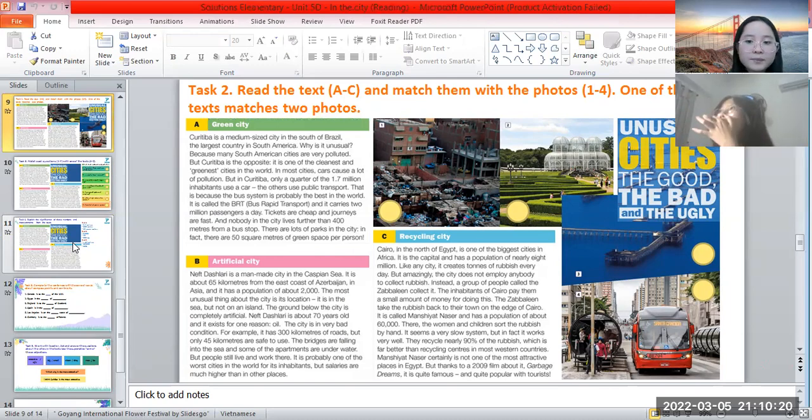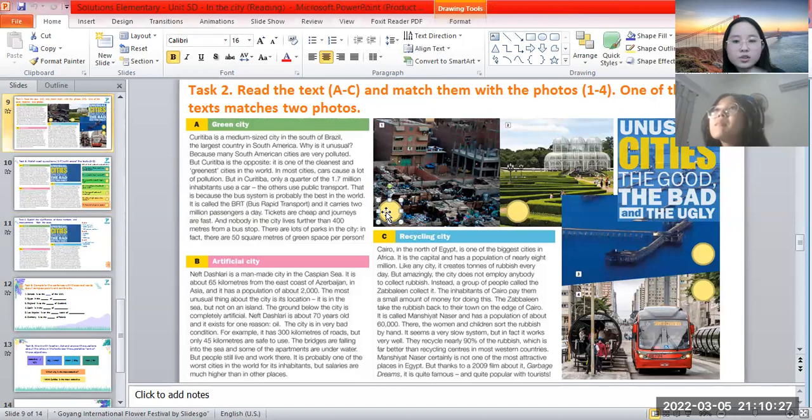Okay, I'm done. So what do you choose for the first picture? From the first picture, I choose paragraph C. Okay, paragraph C. The second picture? The second, I choose A. And the third picture?